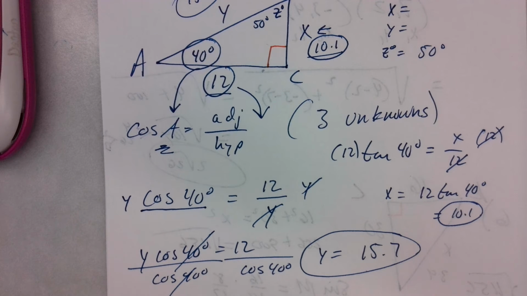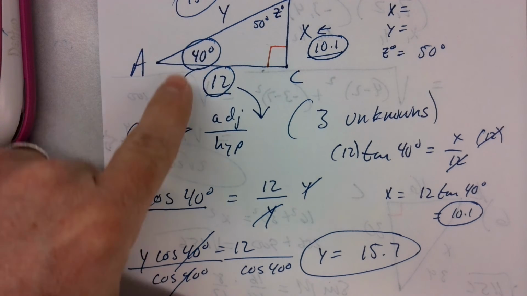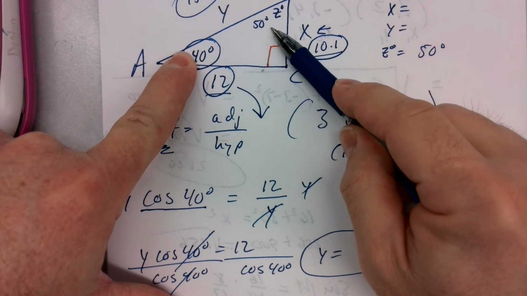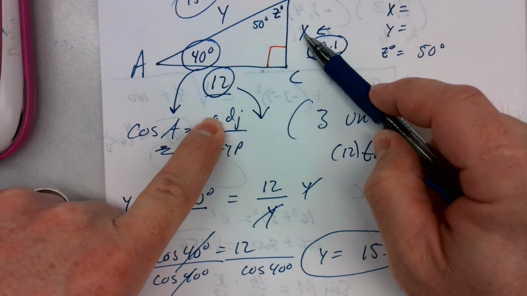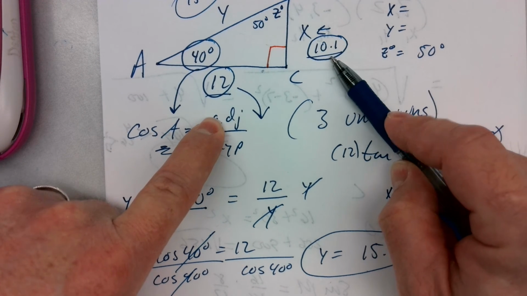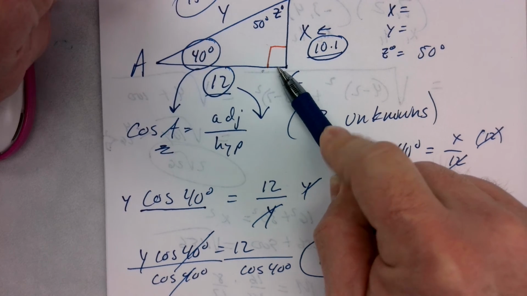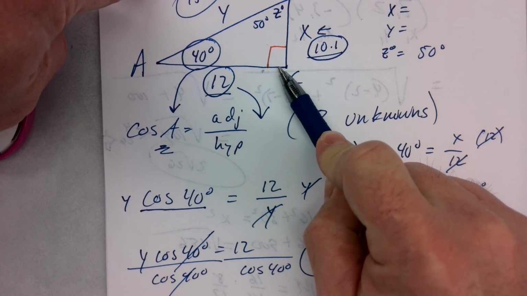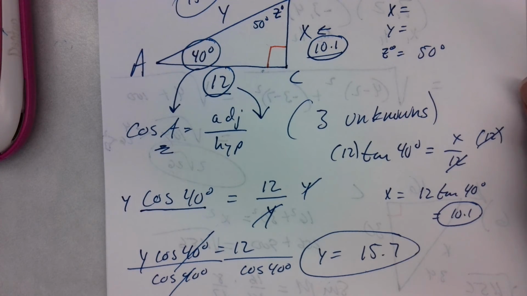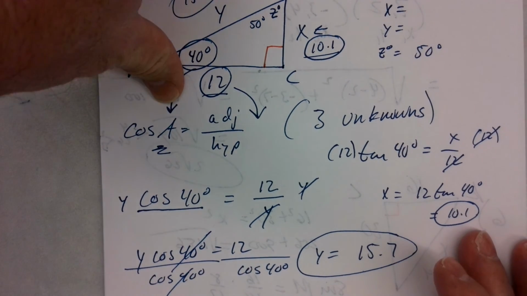The biggest angle's got to be opposite the biggest side, and the middle one is obviously the middle one. This angle's 40, that angle's 50. Do my sides work? Yeah, that side has to be smaller than that side. That's the biggest angle. Is the side across from it the biggest side? Yes. Okay? Let's do another one.